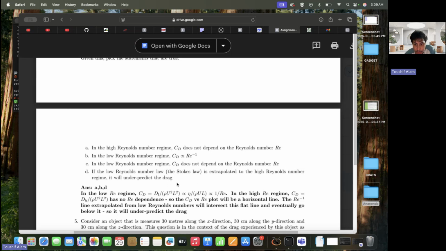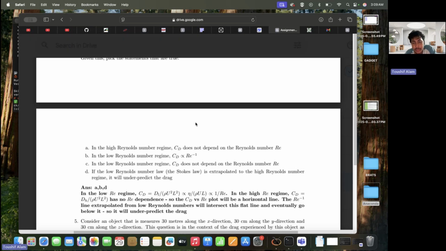So option B is satisfied. In the high Re regime, CD is constant, there is no Re dependence. Option A is correct. Option C can't be correct because at low Reynolds number CD does not depend on density, so it contradicts option B. Either option B or C will be correct, but option B is correct, so option C must be wrong.